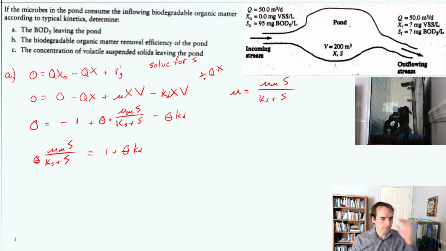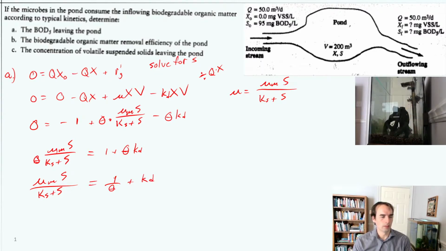Okay, with that, we can now divide everything by theta and have mu max S divided by Ks plus S equals, dividing everything by that theta, 1 over theta plus Kd.